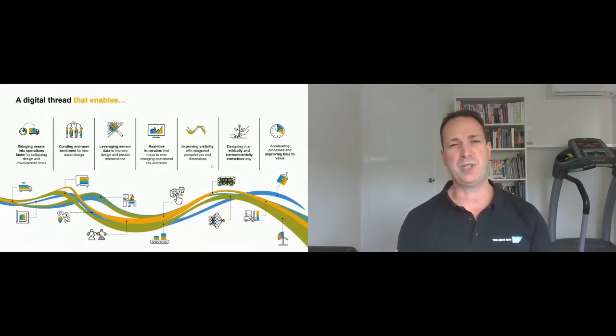We can capture information and feedback, and that feedback could be coming from the people who are using those assets, the people who are responsible for maintaining them, the owners. Anyone who's involved along that life cycle should be able to feed back to earlier stages. So how do we improve our designs?